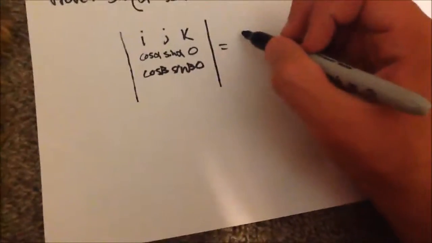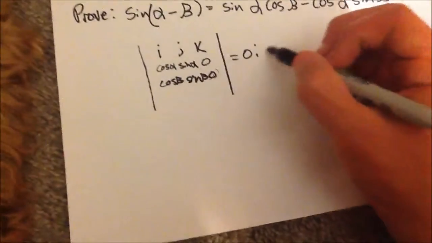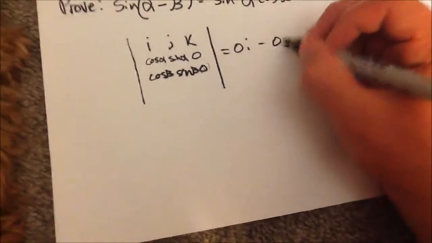So that cross product, because we have these zeros here, we know that the I value is going to be 0. And because we have the zeros here again, we know that the J value is going to be 0, which just leaves us with the K value.